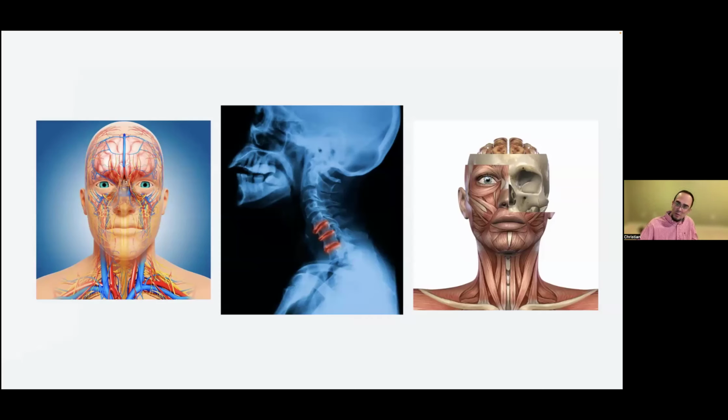So I just wanted to bring these images because they show how complex the brain and neck connection is. We have veins, arteries, and structures that enclose the brain itself, like the dura, the pia, and the arachnoid matter. We have muscles, different joints, and related nerves.